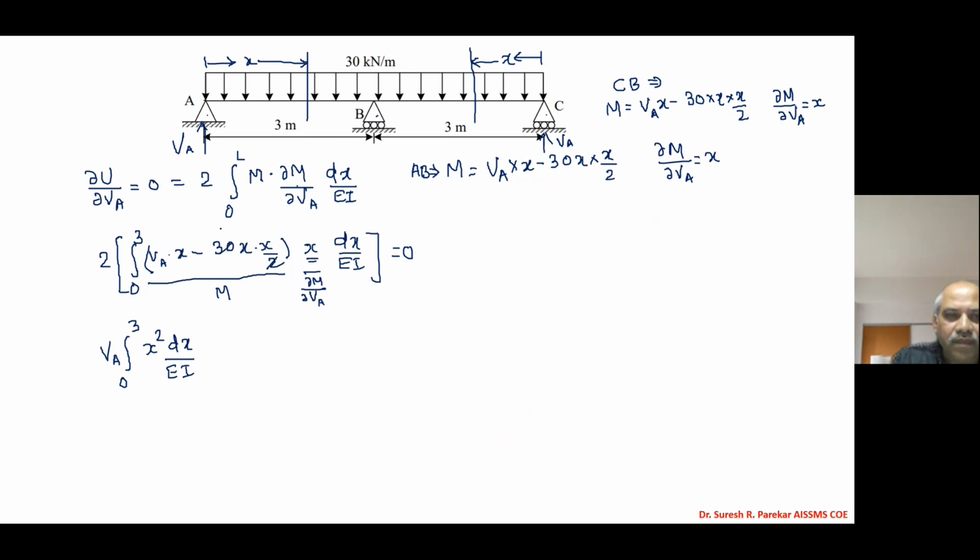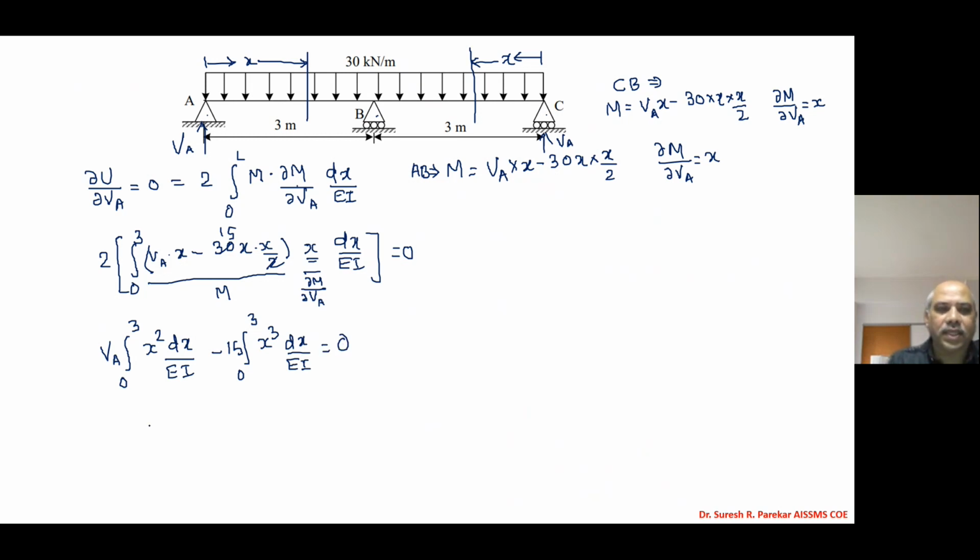Now this becomes 15, so we have minus integration 0 to 3, you can take 15 outside also, in bracket X cube dx upon EI, and that is equal to 0.